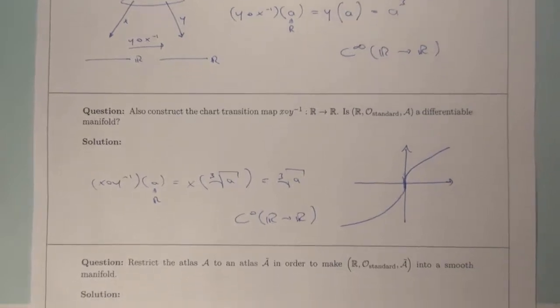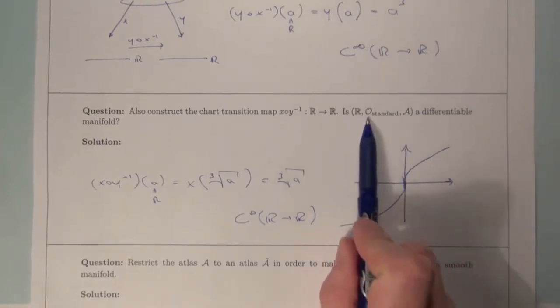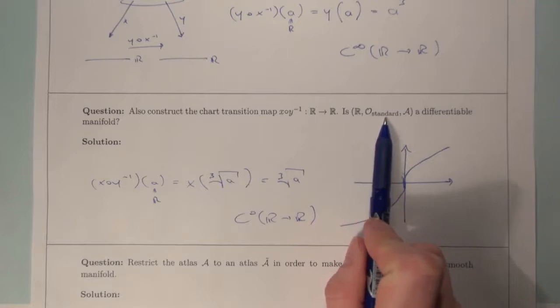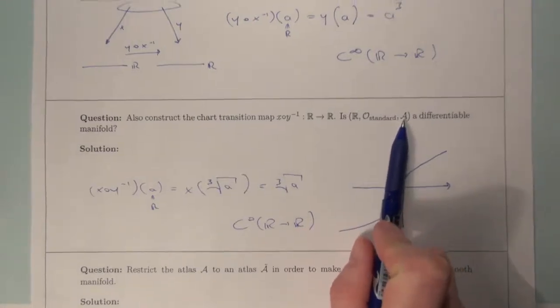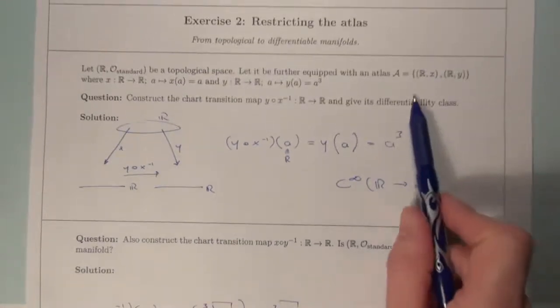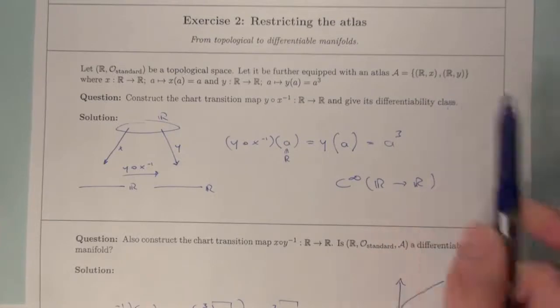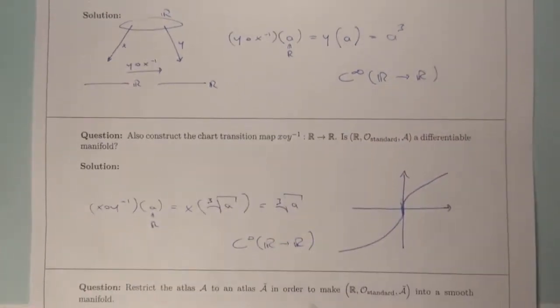And what we see now is R equipped with the standard topology, and this atlas, as it is given up here, is not a differentiable manifold.